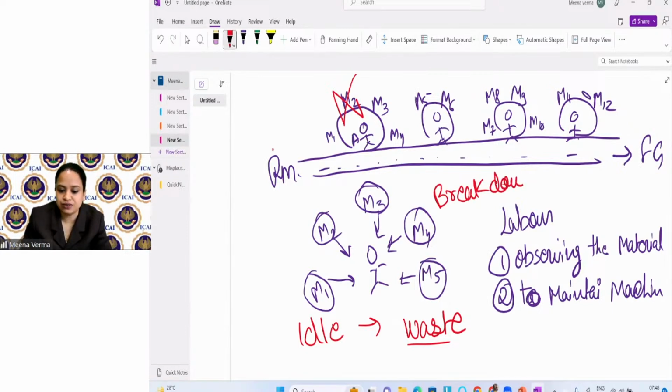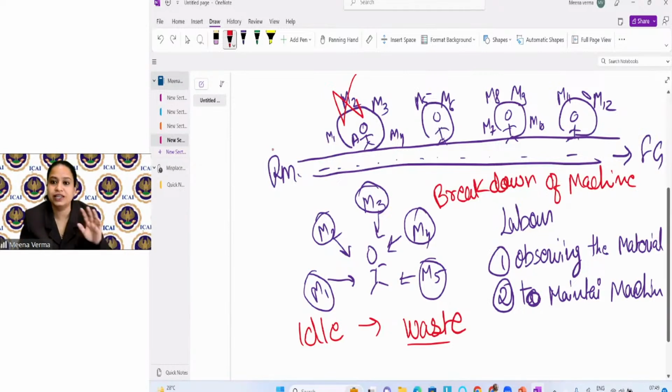Breakdown of machines is not acceptable at all now.